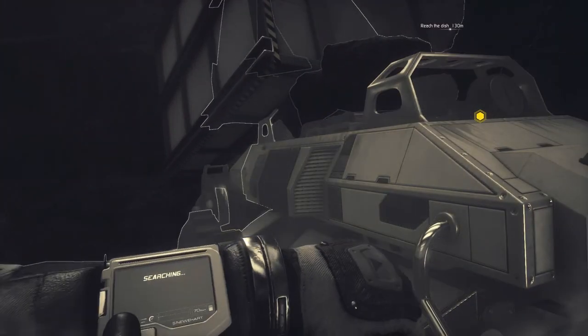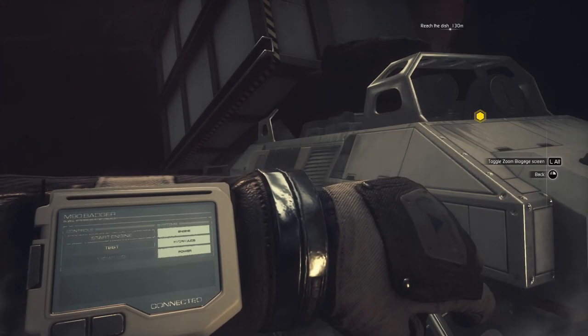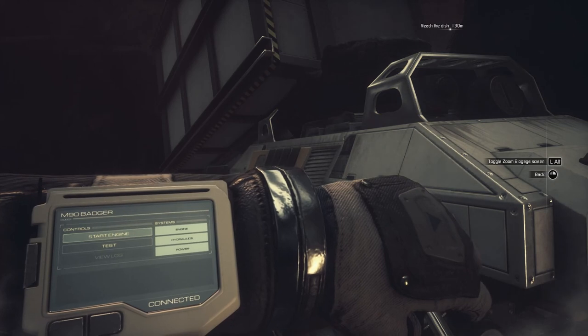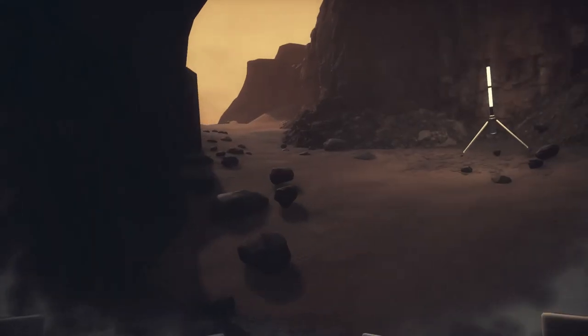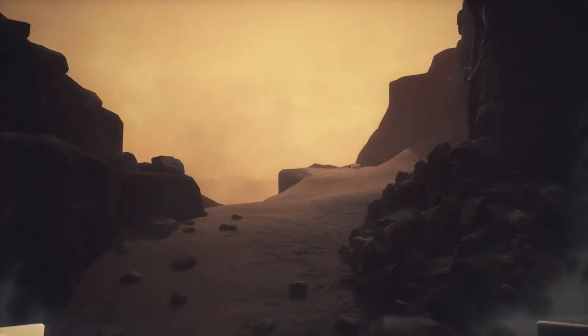So... I have to leave the power cell inside to cross.